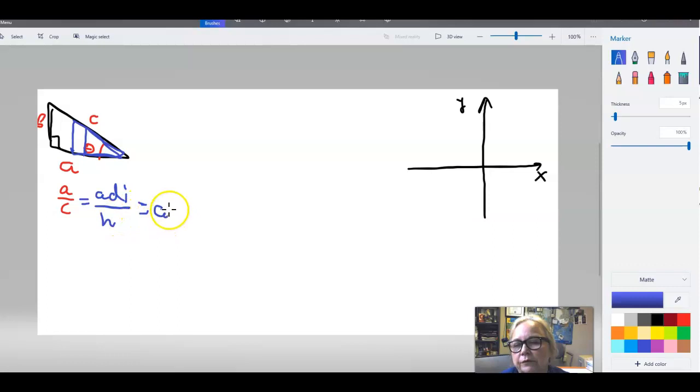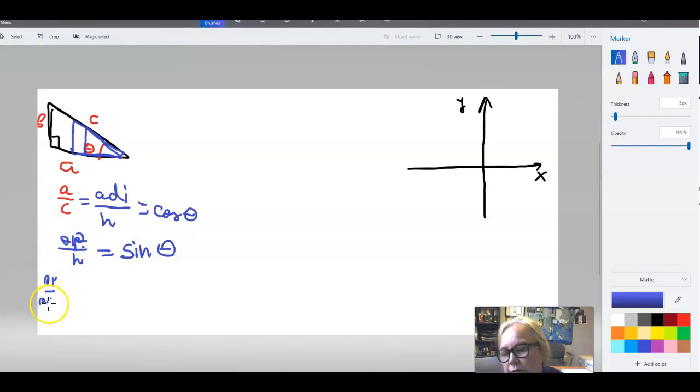The ratio of the side adjacent to the angle to the hypotenuse, we call cosine of angle theta. The opposite side to the hypotenuse, we call sine theta. The ratio of the opposite leg to the adjacent leg, we call tangent theta.